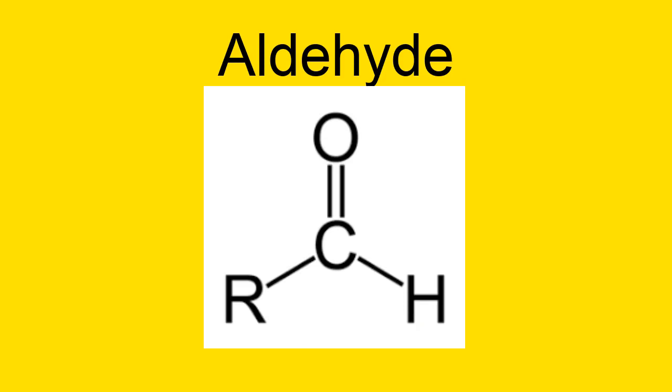Aldehyde. An aldehyde is an organic compound which consists of the CHO group, or a carbonyl group, meaning carbon and oxygen with a double bond, and the carbon also bonded with a hydrogen atom.